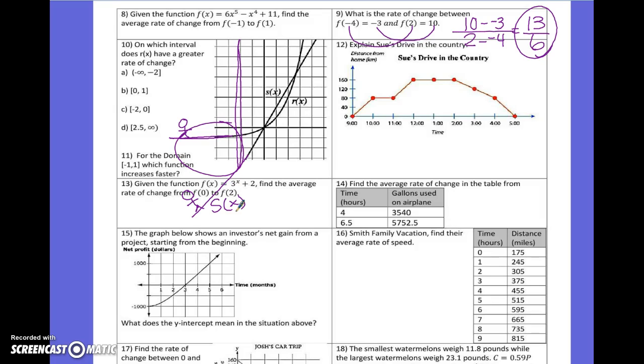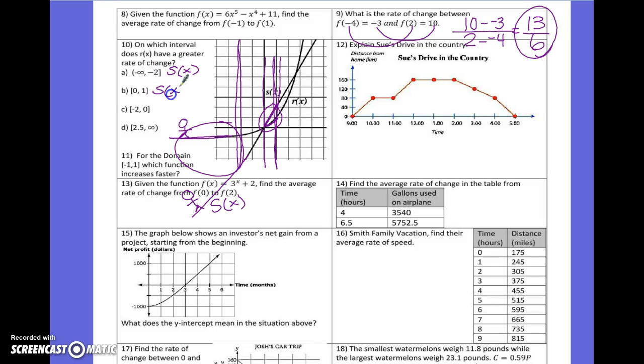0 to 1 would be here. And again, you're thinking which one is harder to climb up from 0 to 1, and it would also be that straight line, not the curve in that section. So the straight line is s of x.